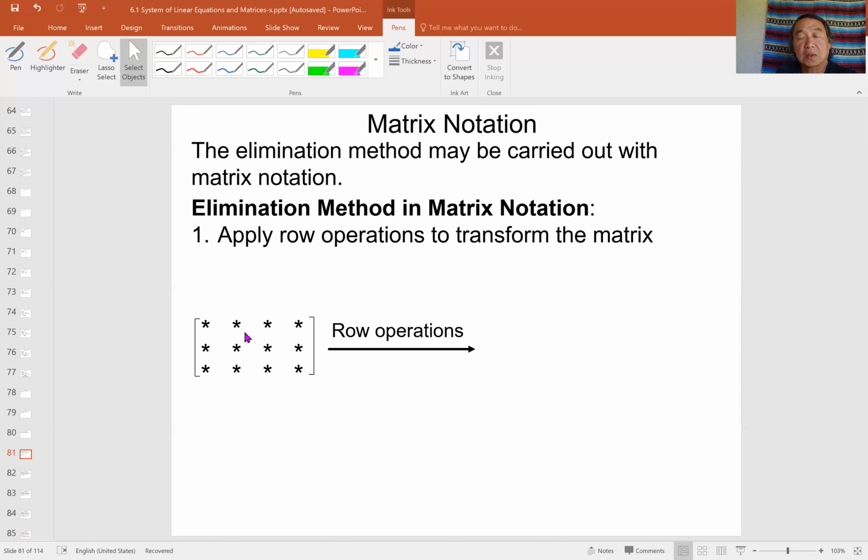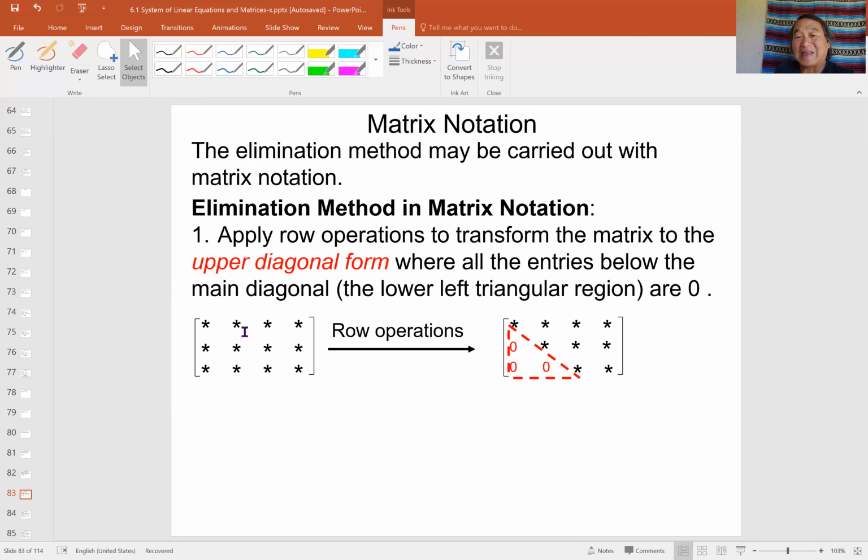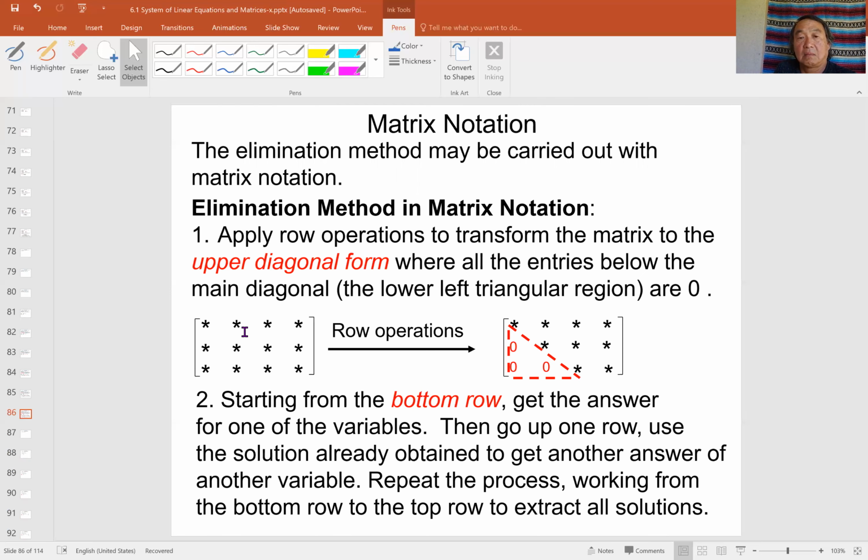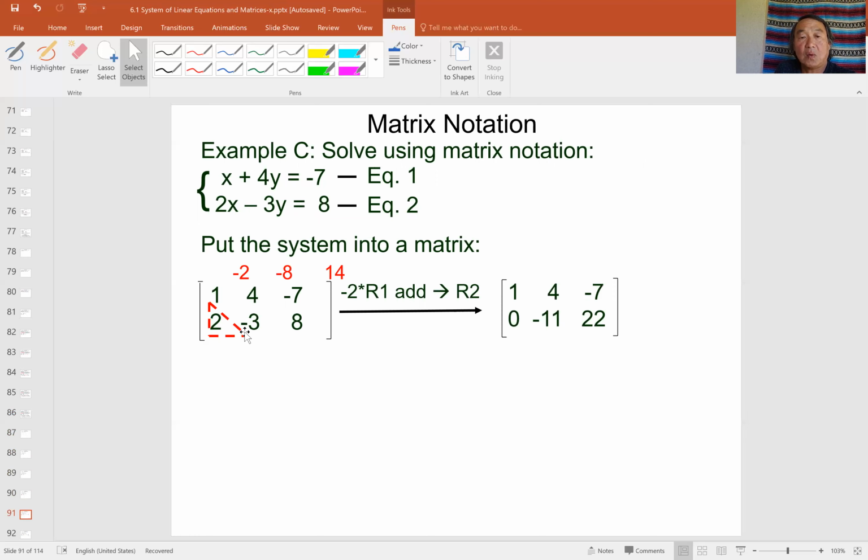Suppose when I start with the system, I write it into a table of numbers, then I use the steps I just learned, adding a row to another row, and keep manipulating the rows until the matrix looks like this, with everything down below being 0. Here's an example of what we do.